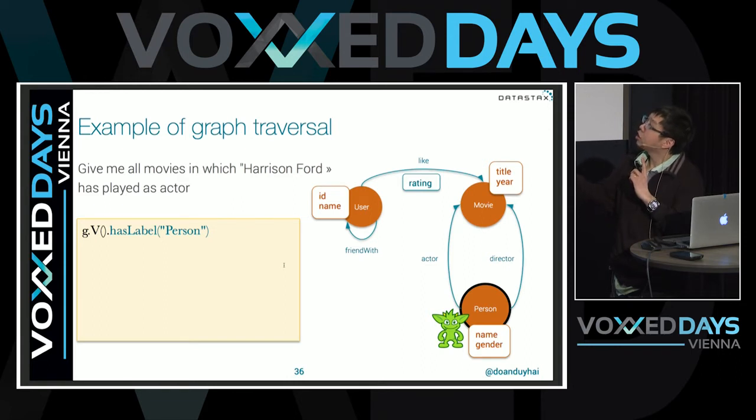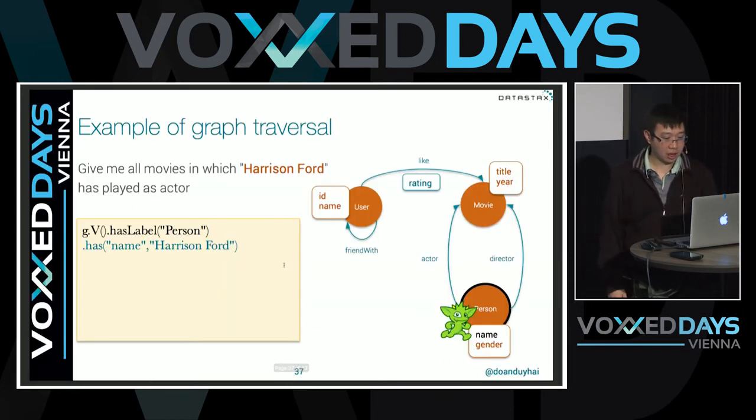Now I'm not interested in user or movie vertices, but only in person vertices. So now I specify the type of vertex I want. has('name','Harrison Ford') corresponds to a filter. I am only interested in person vertices whose name is Harrison Ford.